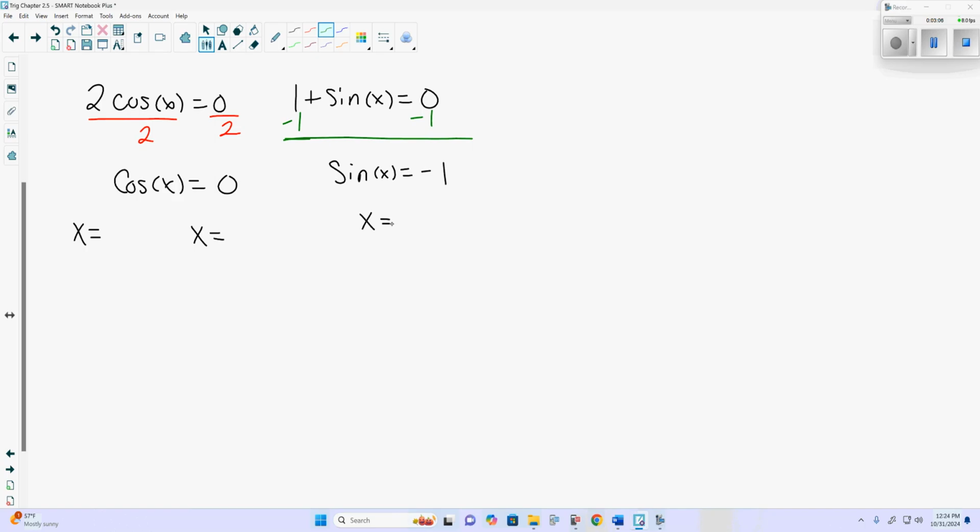Now at this point here, we can find our angles, our values of x. Well, cosine of x equals 0, and we can look at the unit circle at pi over 2 or 3 pi over 2. And sine of x equals -1 at 3 pi over 2.